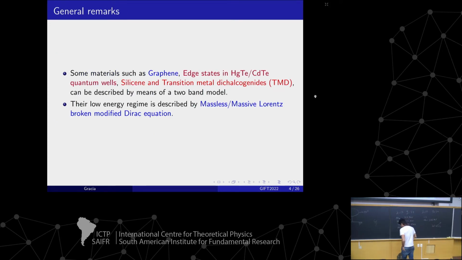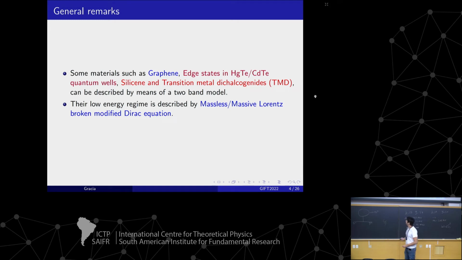Some materials, formed by lattices, may present low energy excitations that behave more or less like a Dirac particle in its two-dimensional faithful representation, but with a Lorentz breaking term.